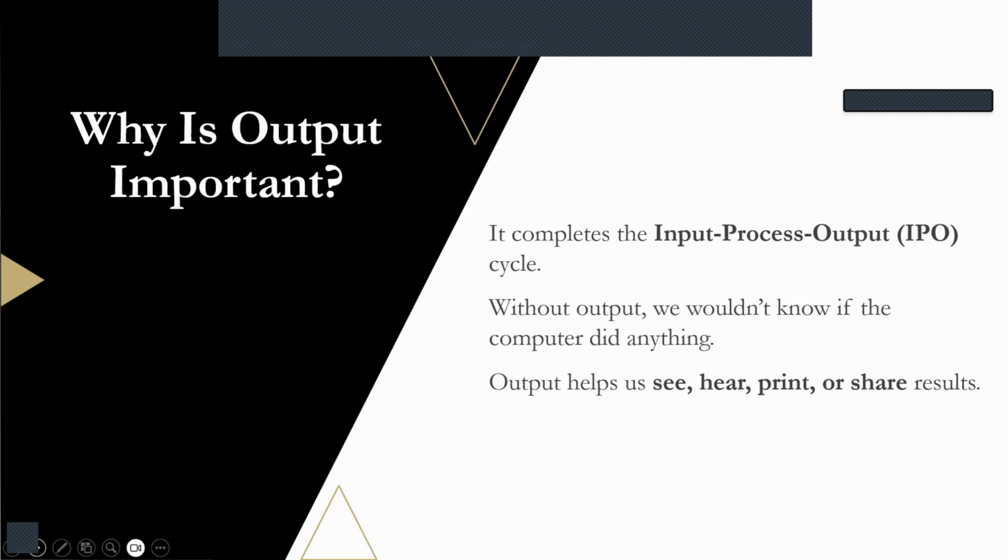I'll be continuing with why output is important. It is important because it completes the input-process-output cycle, the IPO cycle. Without outputs, we wouldn't know if the computer did the editing or not. Output helps us see, hear, print, or share results.